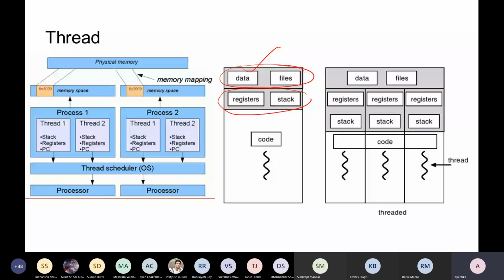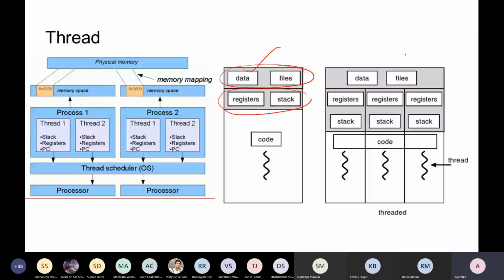But on the contrary, if you are going for threaded implementation, there is a possibility that these data files, some resources, can be shared between multiple threads. So that way, with the use of resource sharing, you can understand that we minimize the amount of memory requirement while coding.